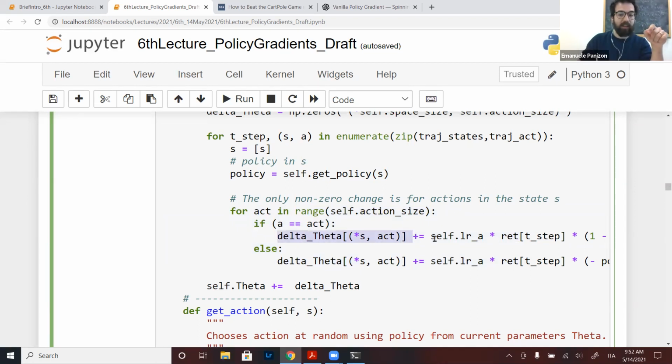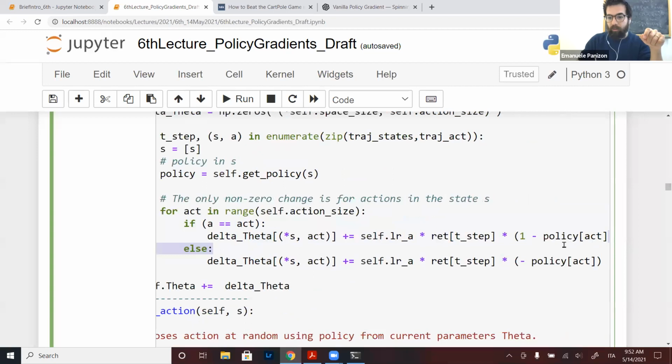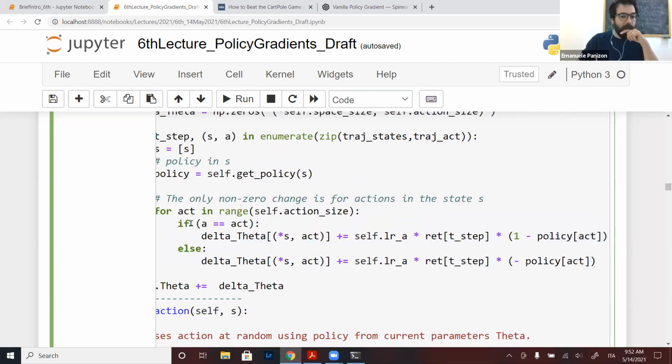And an update is that if the action I really took is the one I'm considering, then the change is alpha G_t for that step, 1 minus the policy.